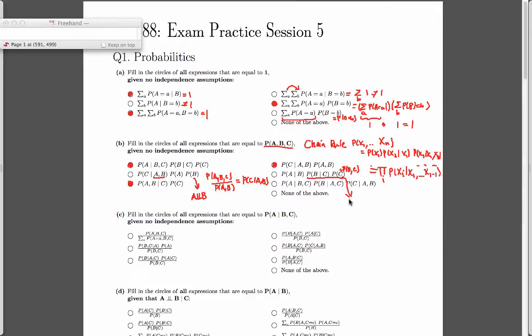This would be true if A was independent of C given B. However, we can't make that assumption.